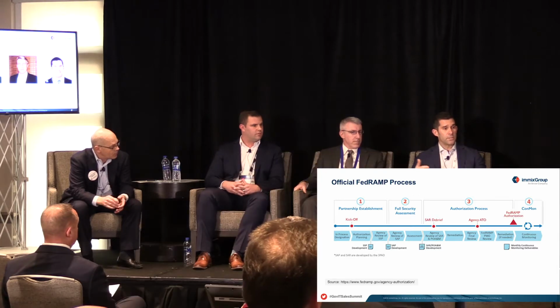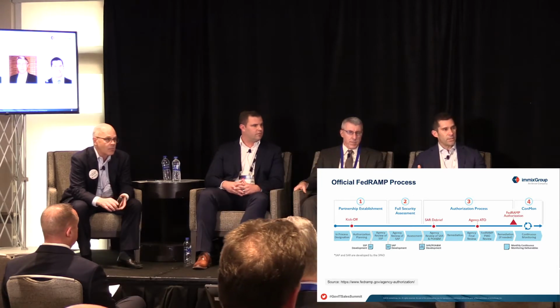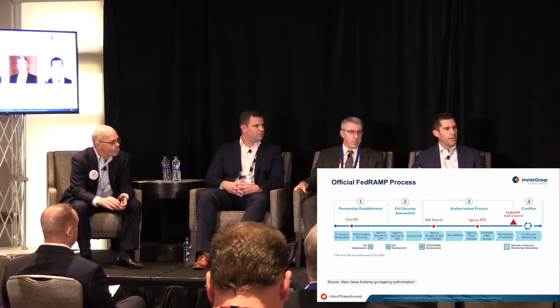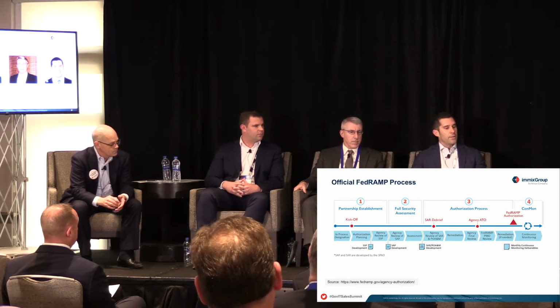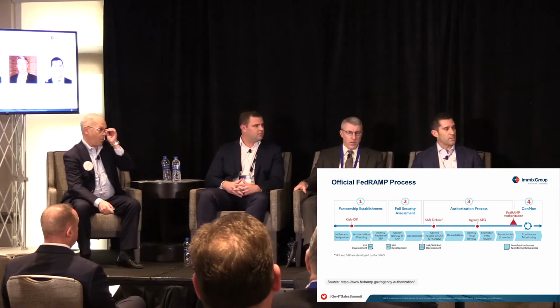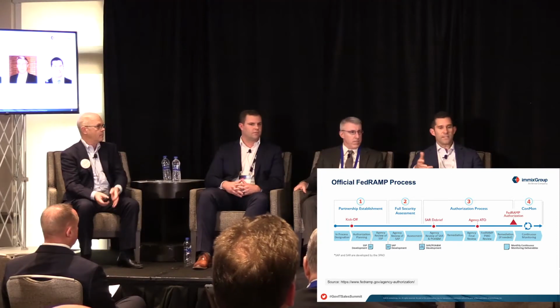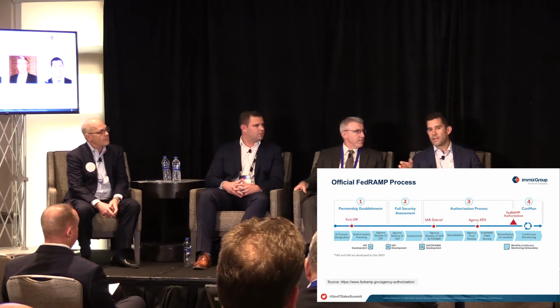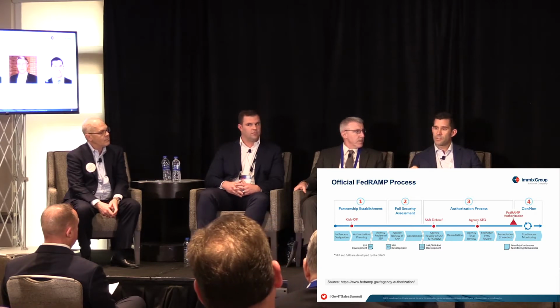You get that initial ATO provided by the agency AO, and from that, you're able to leverage the results of the assessment that we would have performed as the 3PAO for subsequent ATO decisions. That's really one of the primary differences between FedRAMP and FISMA: in the case of FedRAMP, it's assessed once and used many times. So multiple agencies are making ATO decisions off of one single assessment.